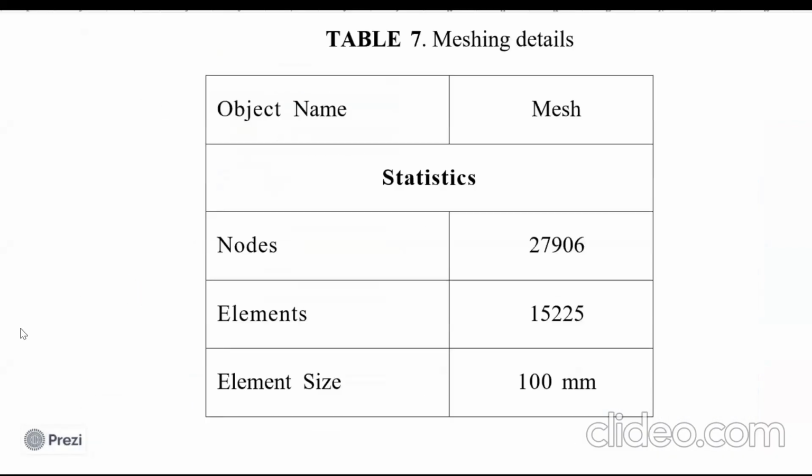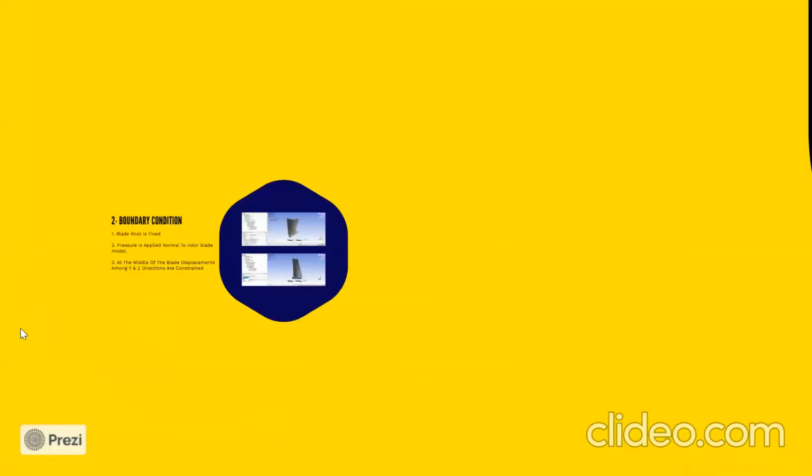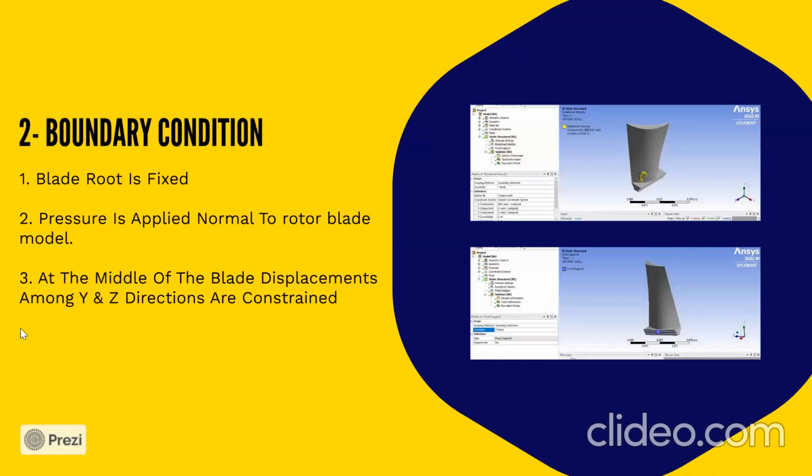Here are the meshing details: 27,000 nodes, 15,000 elements, element size 100 millimeters. Boundary conditions: we have three boundary conditions on the compressor turbine blade. The blade root is fixed, and pressure is applied normal to the rotor blade model. At the middle of the blade, displacement is fixed in the Y and Z directions.